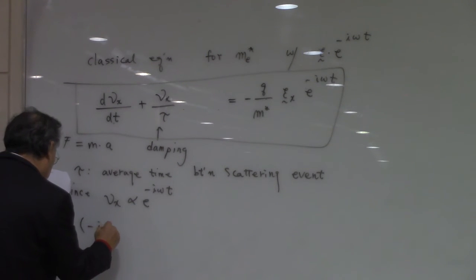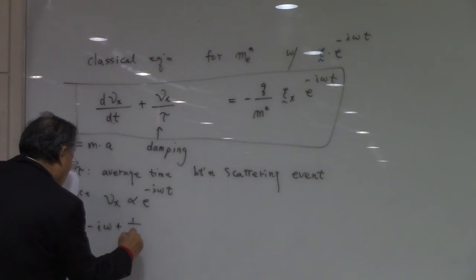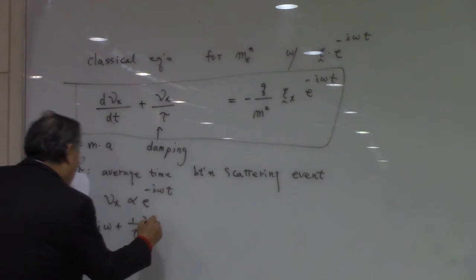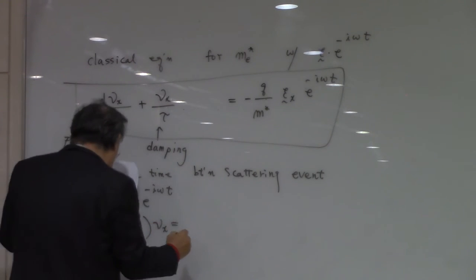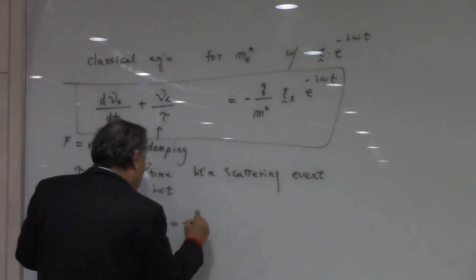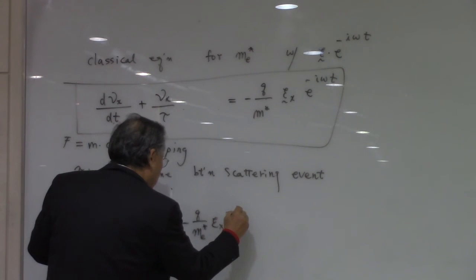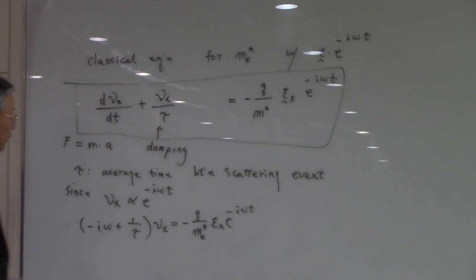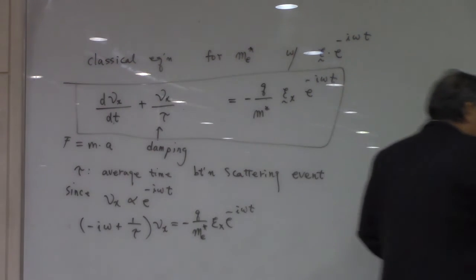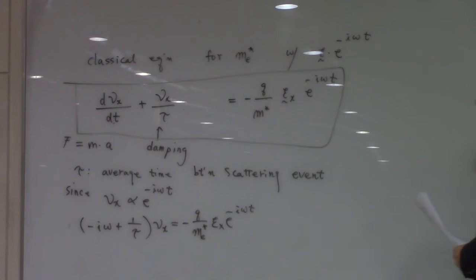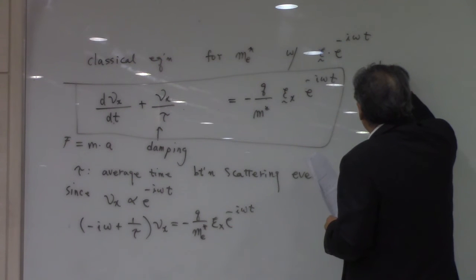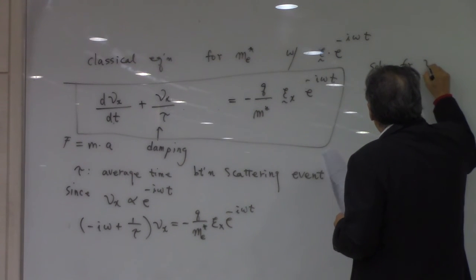You can arrange this to 1 over tau and q over m e star times the electric field e to the minus i omega t, something like that. Okay? And then solve for the Vx. Solve this equation for Vx.